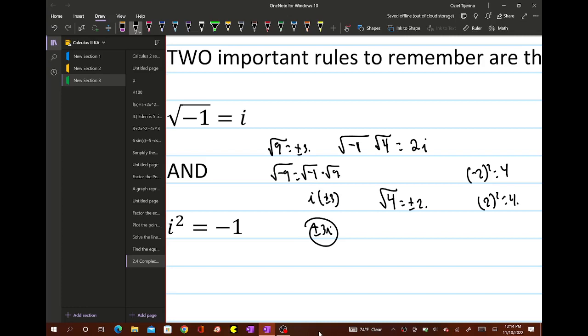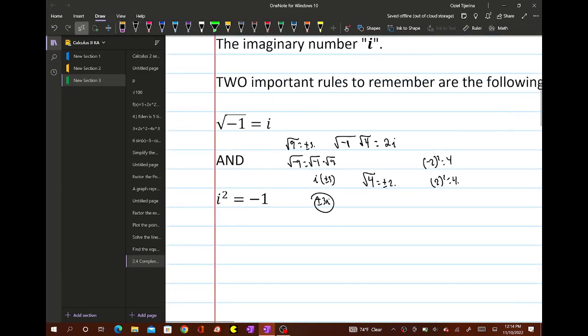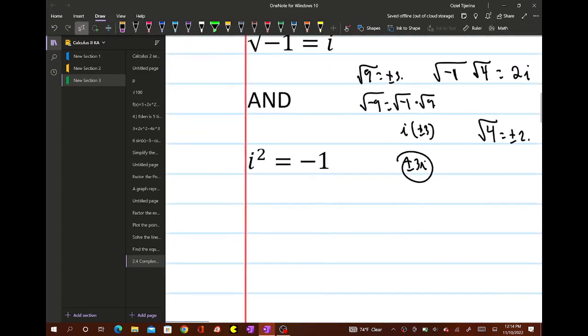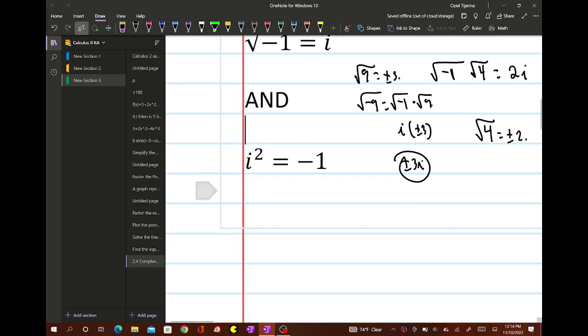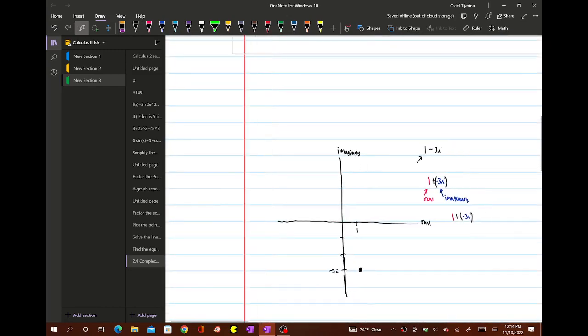I don't know exactly how they did it in college algebra. If they just ask for the positive answer, then it would just be the positive 3i. I was taught in algebra 2 in high school that it was always both plus or minus 3i. And another thing is that i squared is -1, so i squared is always -1.